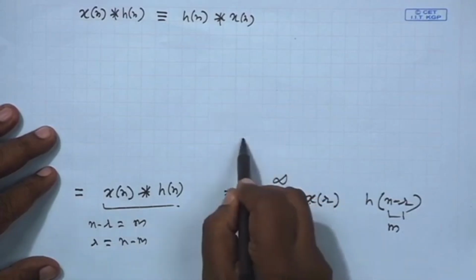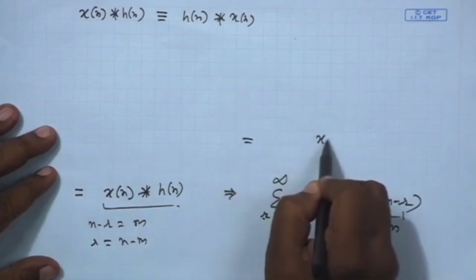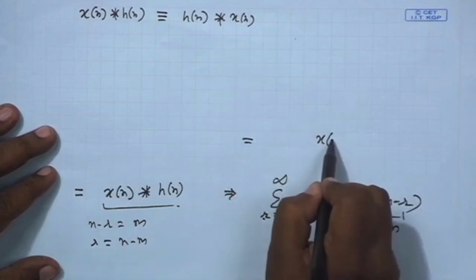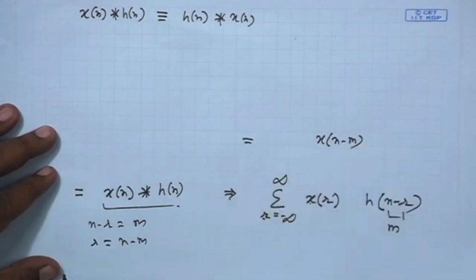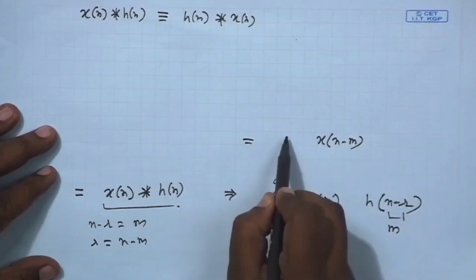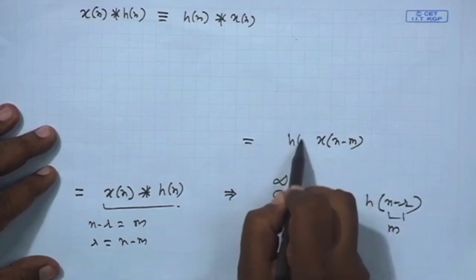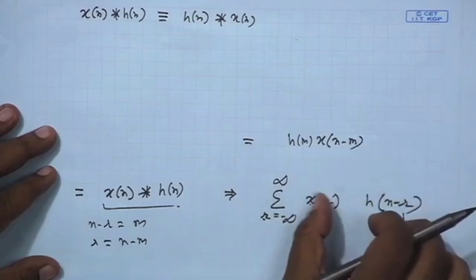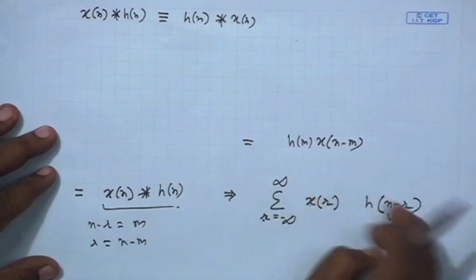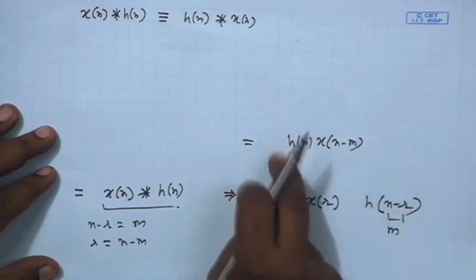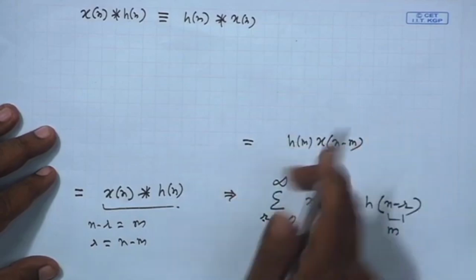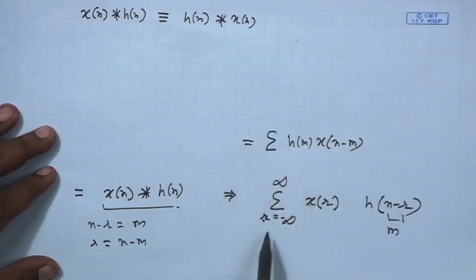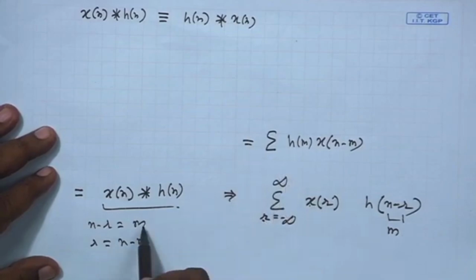So, in this summation, x of r, instead of r, I should have n minus m, and h instead of n minus r, I should have m, and I can write h first, x second, because this is just two scalar numbers multiplied. So, this into this is same as this into this. So, I can write h[m] first, x[n minus m], summation. Earlier it was over r, now it will be over m.